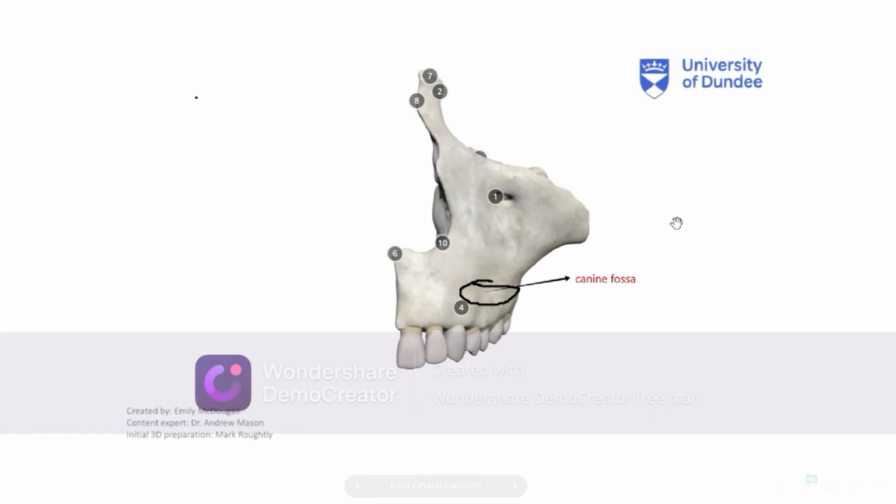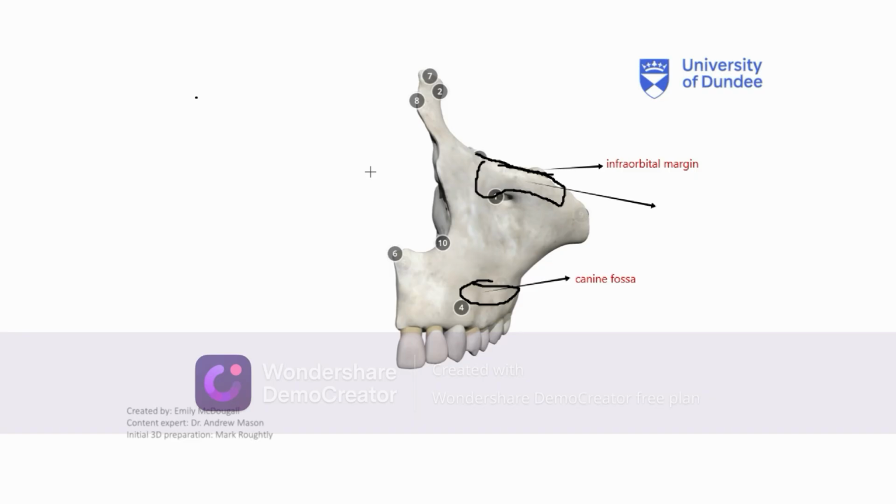Now the infraorbital foramen is this. This is the infraorbital margin, and the levator labii superioris arises between them, from this area between the infraorbital margin and the infraorbital foramen.